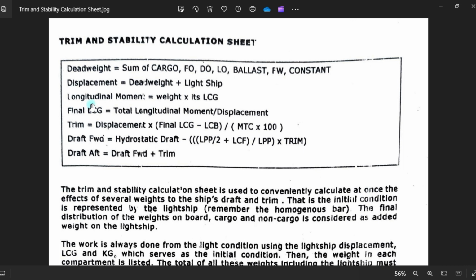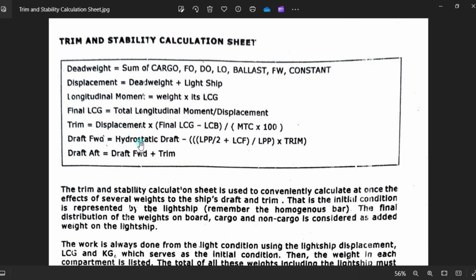Longitudinal moment is weight times its LCG. And final LCG is total longitudinal moment over displacement. And trim equals displacement times (final LCG minus LCB) over MTC times 100.